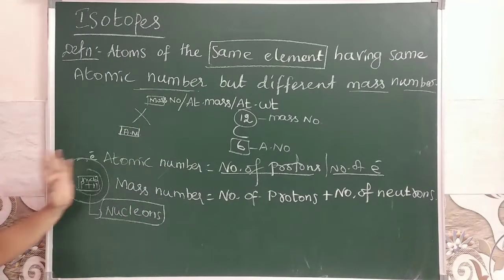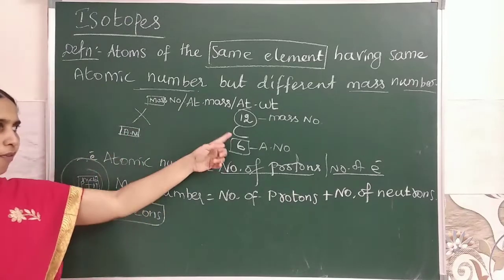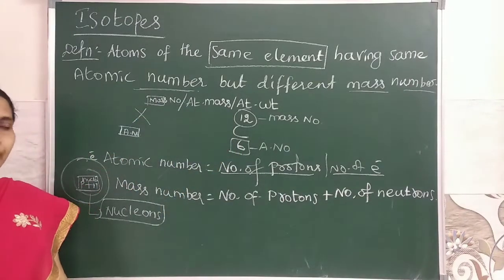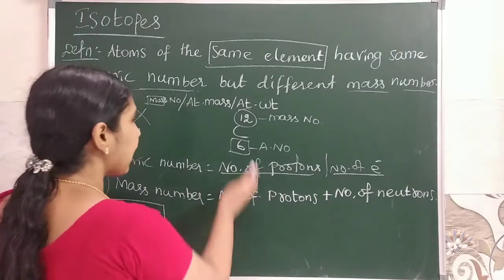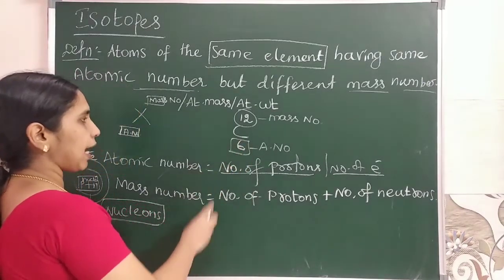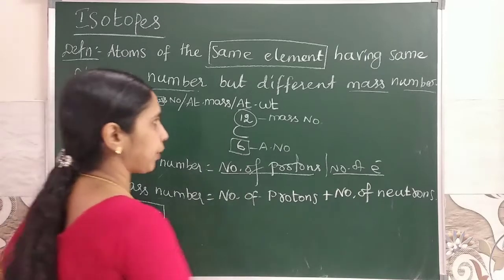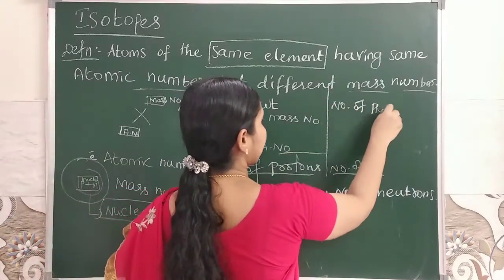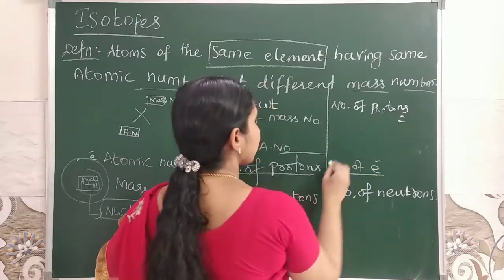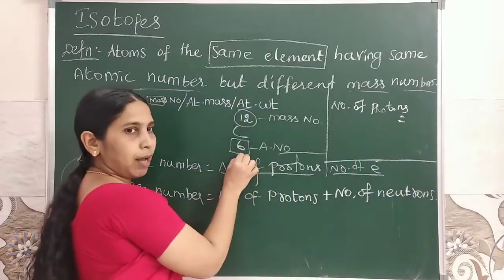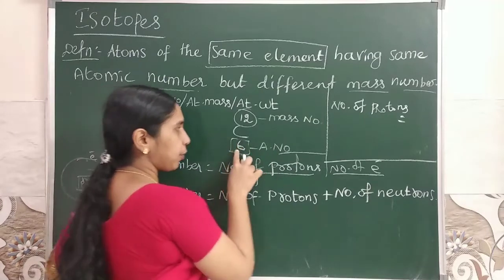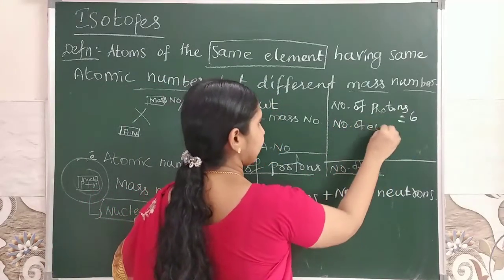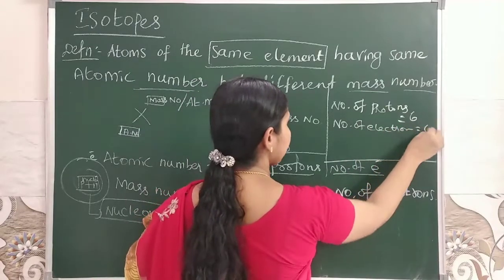Here one element is given, carbon, atomic number 6, mass number 12. Now calculate the number of protons, electrons and neutrons. Protons means atomic number, so the number of protons is 6. The number of electrons is also 6.